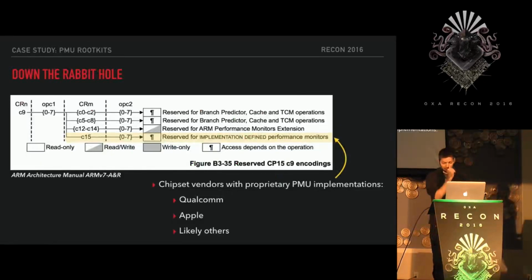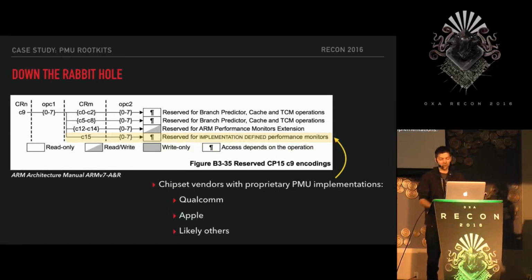If we look at the manual, earlier I ran through the C12 through C14 control registers, and those are the ARM performance monitoring extensions. But ARM in their manual states that for those that want to extend the PMU, and it makes sense to want to extend it because vendors might add custom features or custom designs, they reserved C15 for what they call implementation defined monitors.